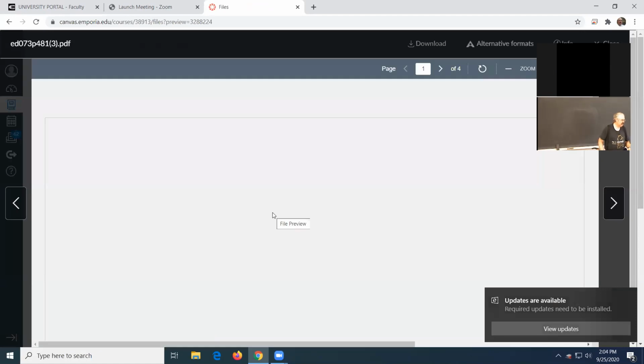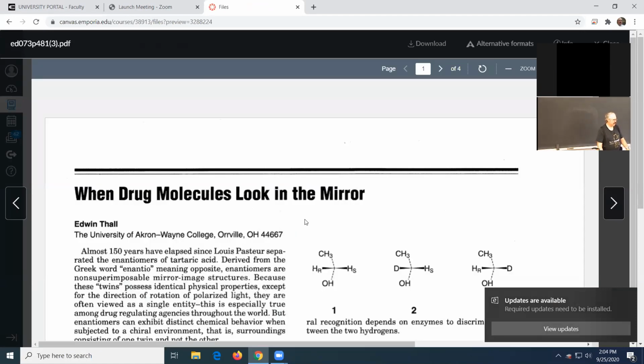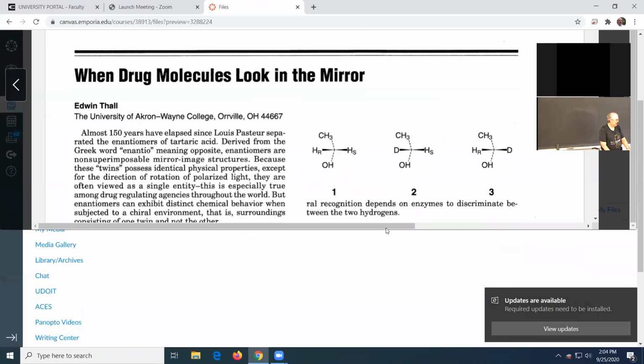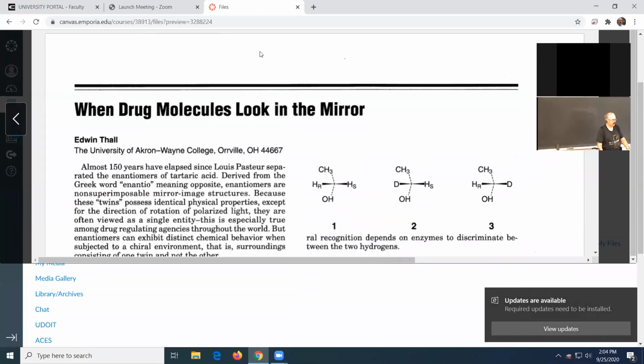Okay, last time I showed you the cover art for this article, When Drug Molecules Look in the Mirror. I'm going to go over just a few of these.